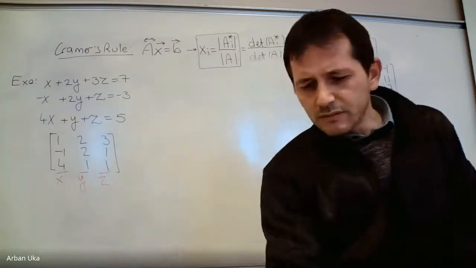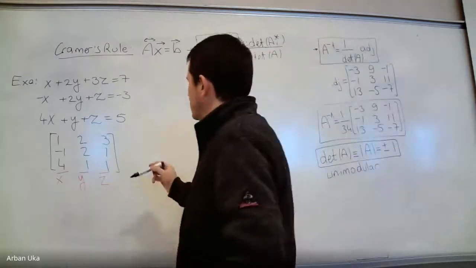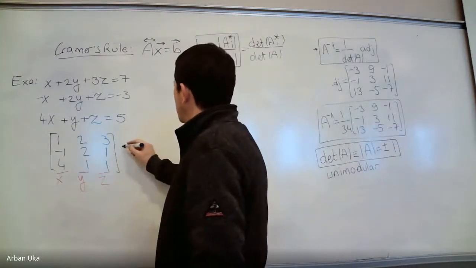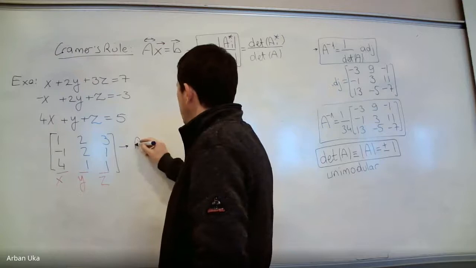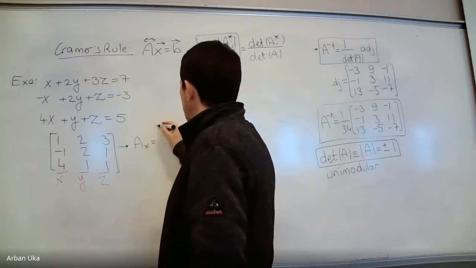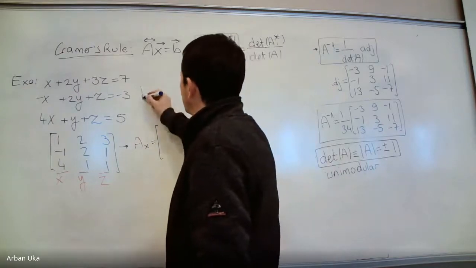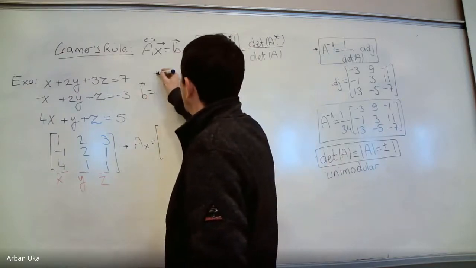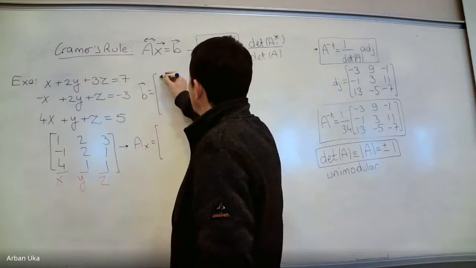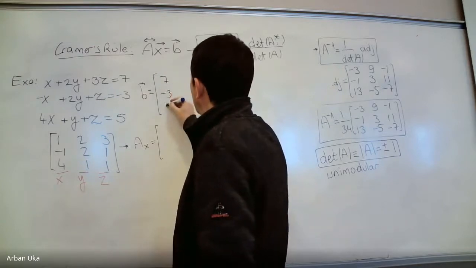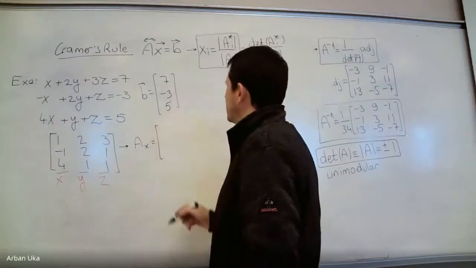So this is A, and let's not forget, the vector b is equal to what? 7, minus 3, 5. Yeah.